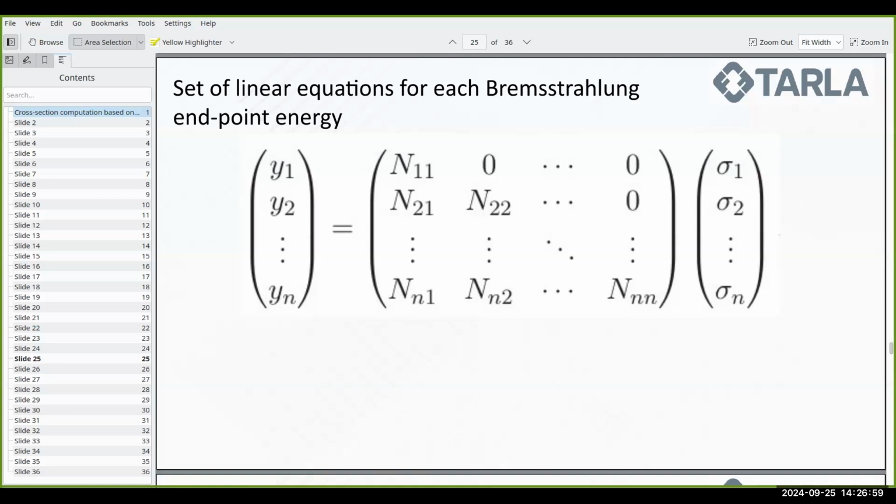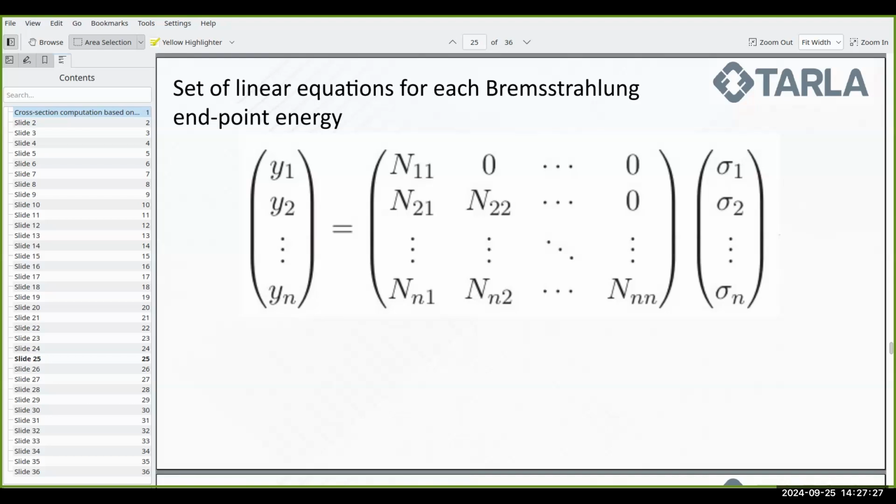And now for each of them you have to do the peak analysis and the yield calculation. Once you're ready with the yield calculation, you can put that yield into this equation. And from solving this system of linear equations, you can hope to extract the cross-section, which is far on the right side.